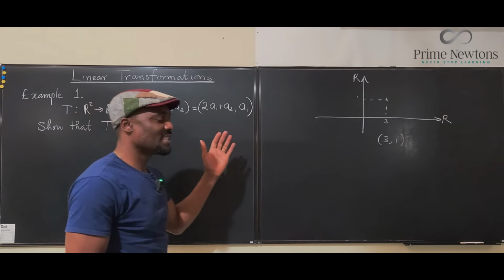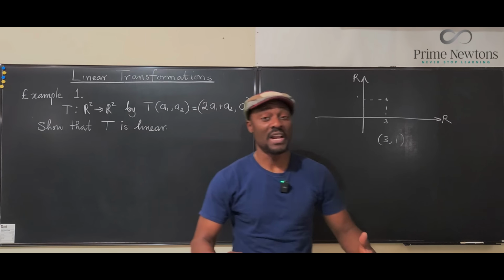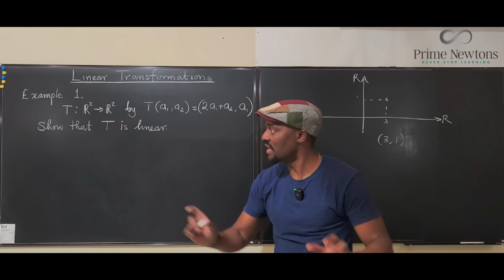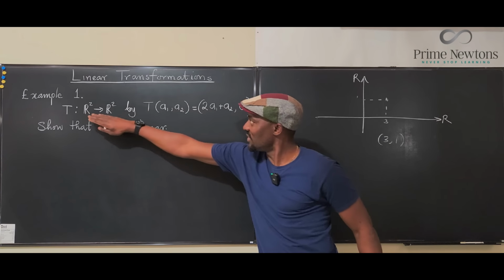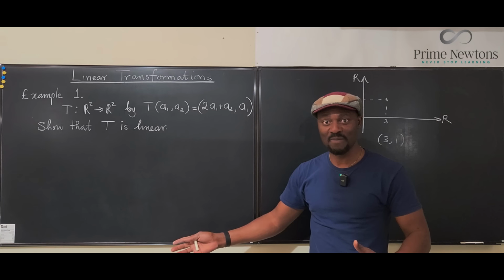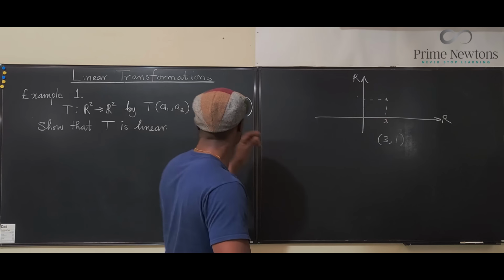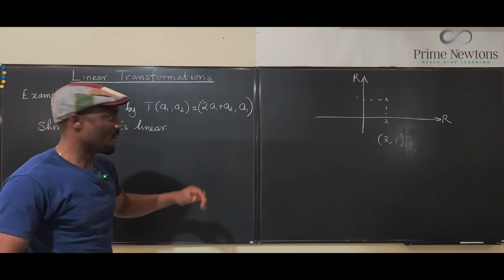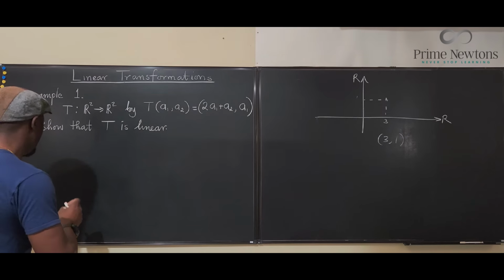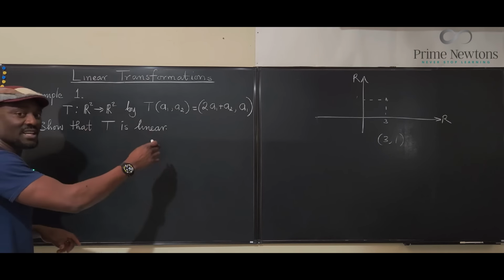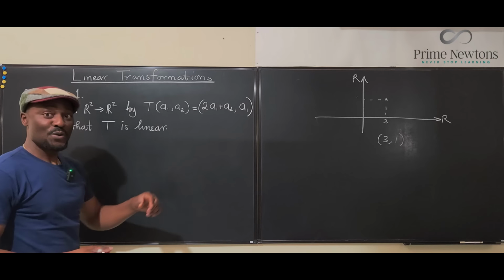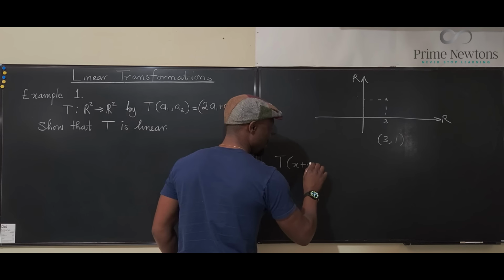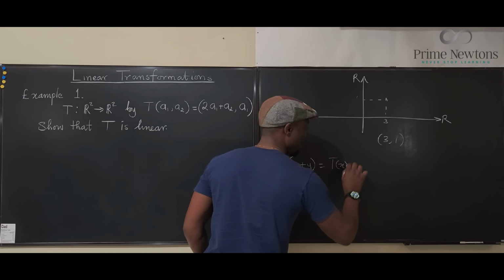We just want to know if this is a linear transformation or it's not. Can you do it to two points at the same time? Well, we have to look at those conditions that we said T must satisfy. So understanding this helps you do the work. This point is going to move. We don't even know the point, so we're just going to call it A1, A2. So what are we supposed to look for? Remember, to show that T is linear, we could do the first one: T of x plus y equals T of x plus T of y.